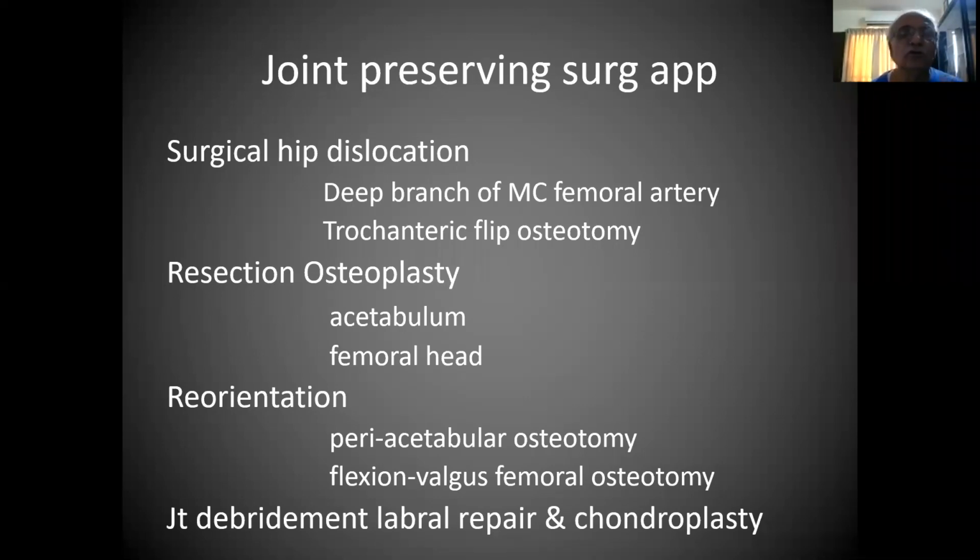The acetabulum they also trim, and suppose there is a retroversion of the acetabulum, they will do a reorientation osteotomy. And if there is a retroversion of the femoral head neck, they will do a valgus osteotomy also. So this is the way it is done, a combined procedure: debridement, labral repair, chondroplasty, and an additional procedure on either the acetabular side or the femoral side. It doesn't work single-handed. So you have to do a combination of work depending on the pathology.